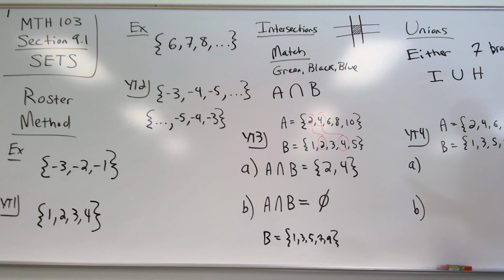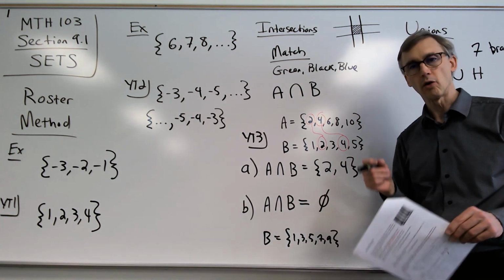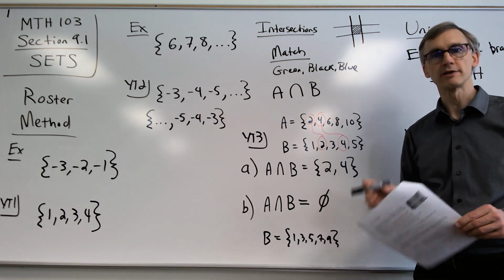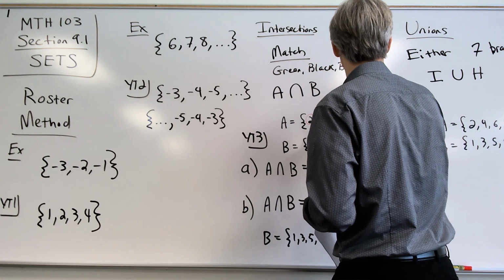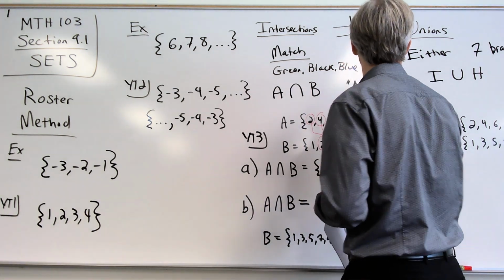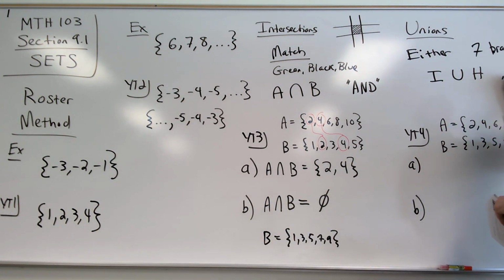So in general, the union of 2 sets in a more formal way is x is in set A or x is in set B. So or is the key word here. For intersections the key word is and, but for unions, it's or.